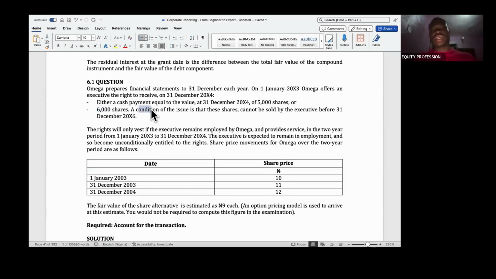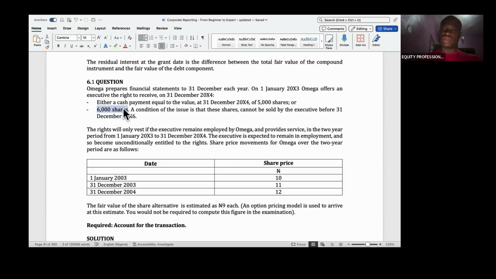And when a condition is attached to shares, it becomes a share option. So they get share option of 6,000, which is equity settled. So this is what we are saying. So we are giving a choice of settlement. At this point, we don't know which one the executive will choose. We don't know.